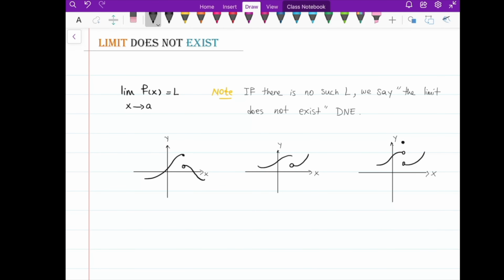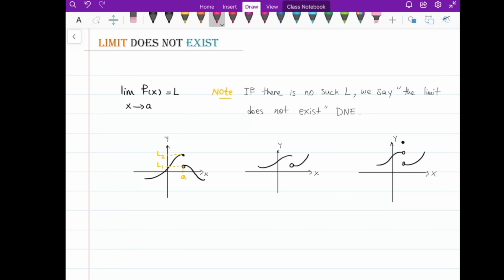Okay, so at the point A, you see, if you're getting closer to A from the right, then we get the limit L1. If you're getting closer to A from the left, we are getting the point L2. Look at this one.